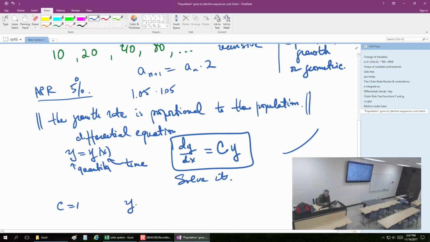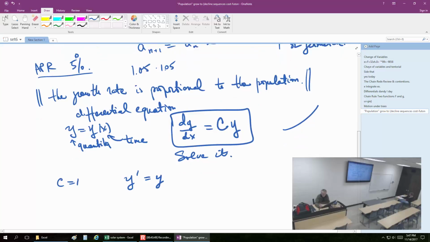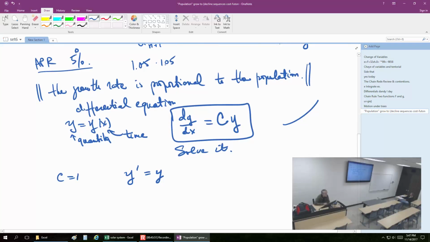So y prime is equal to y. What kind of function, when differentiated, gives the function itself? What? Is it an integral?